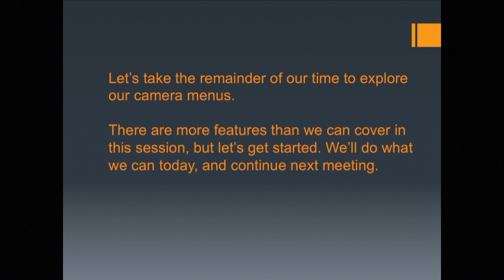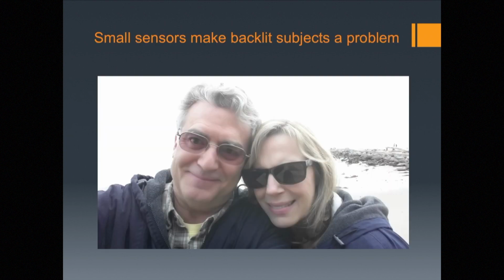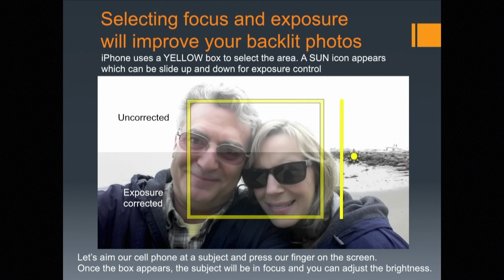Small sensors make backlit subjects a real problem because of the lens flare and also just the inability to get good contrast. But you can change the exposure on your camera, whether it's a Samsung or an iPhone.